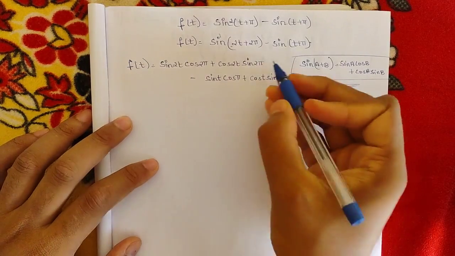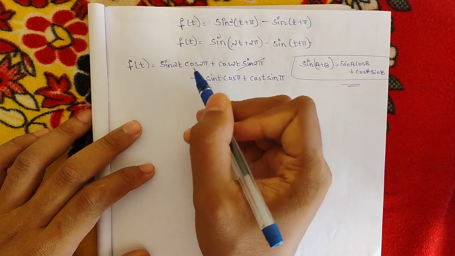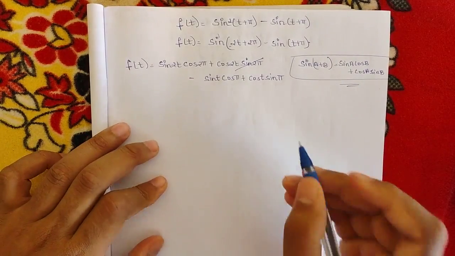Here sin 2 pi is equal to 0, so this whole term goes, so cos 2 pi is equal to plus 1.